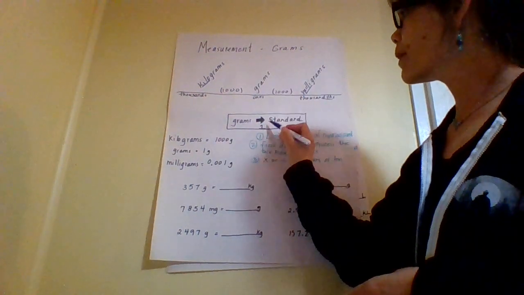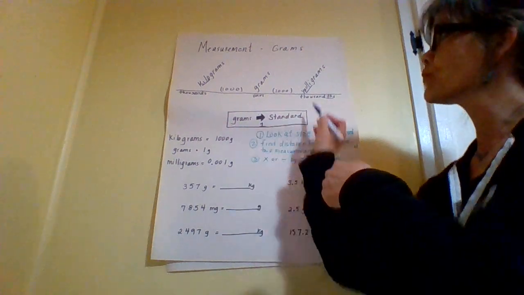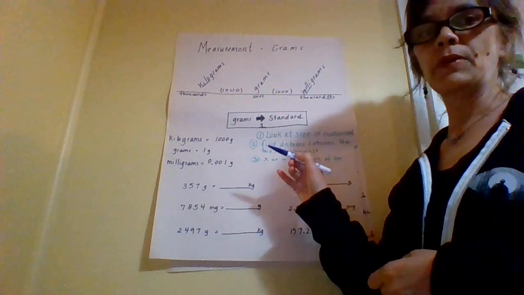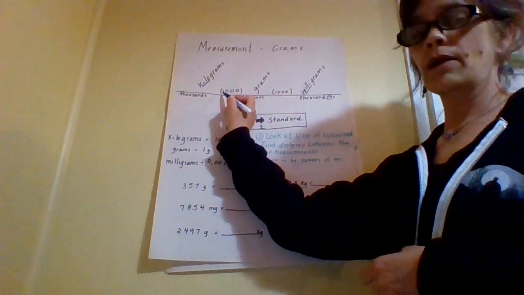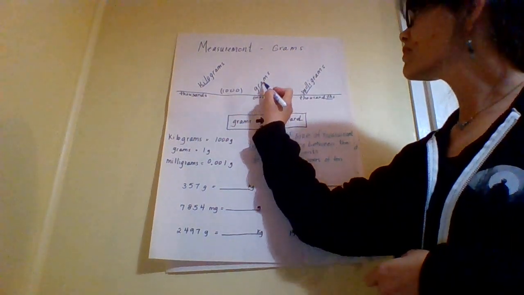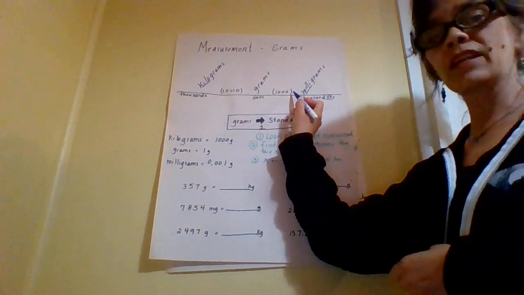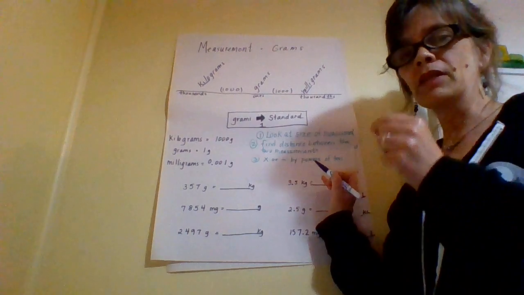So a gram is your standard, and that is the center of this measurement universe, and the gram is the ones place. And then if you have 1,000 grams, another way to say that is a kilogram. And if you divide 1 gram into 1,000 tiny parts, that's what you're talking about when you say a milligram.